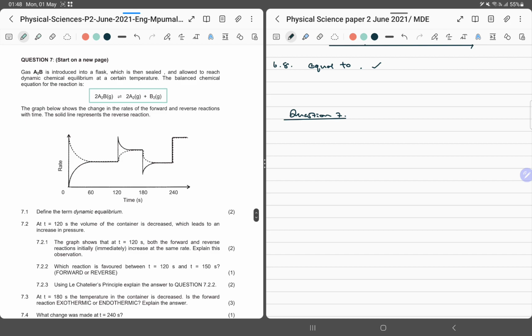So the solid line, they're telling you the solid line represents the reverse reaction. Sorry, in any case, even if they didn't tell you, if you were given this graph and you had to decide which one is which, you always start at some higher rate for the forward reaction, right? And then the reverse reaction catches up along the way.